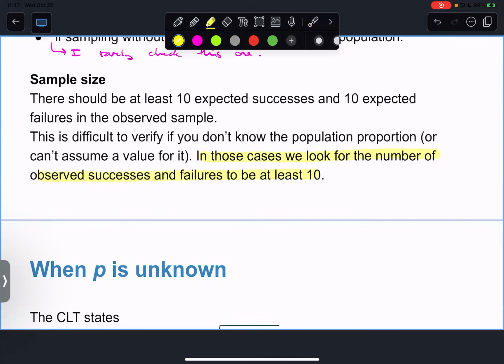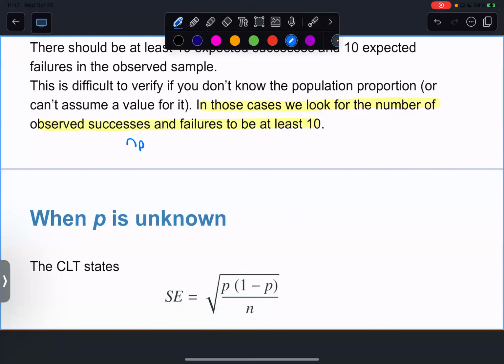What's that going to look like? In terms of the math, that means that you want to make sure that n times p hat is greater than or equal to 10, and n times q hat is greater than or equal to 10, where q hat has the same relationship as q: 1 minus p hat.